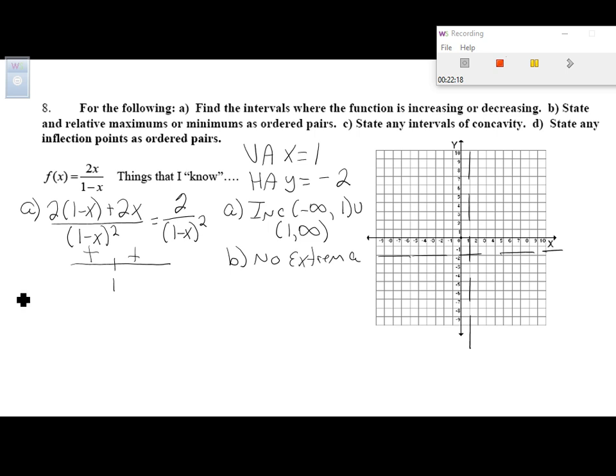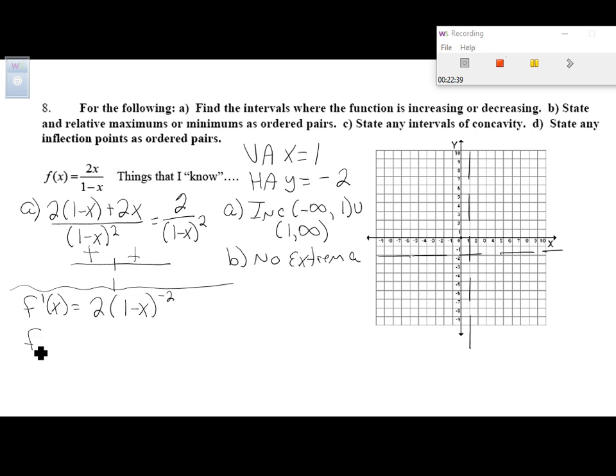Now we move on to the second derivative. Well, my first derivative I'm going to think of as 2 times 1 minus x to the -2nd. I went ahead and brought that up so that I could use the chain rule.